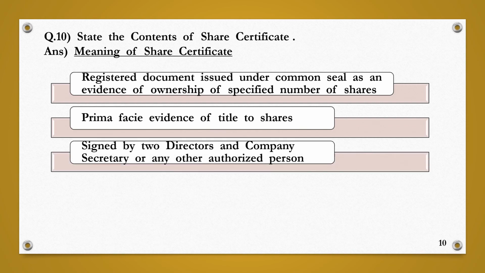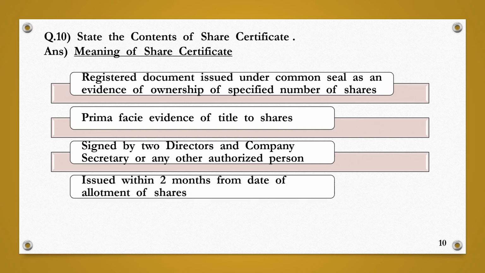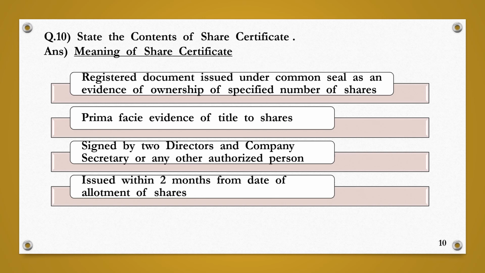Next, it needs to be signed by 2 directors and the company secretary or any other person authorized by the company. Further, the company is required to issue share certificate to all the allottees within a period of 2 months from the date of allotment of shares.